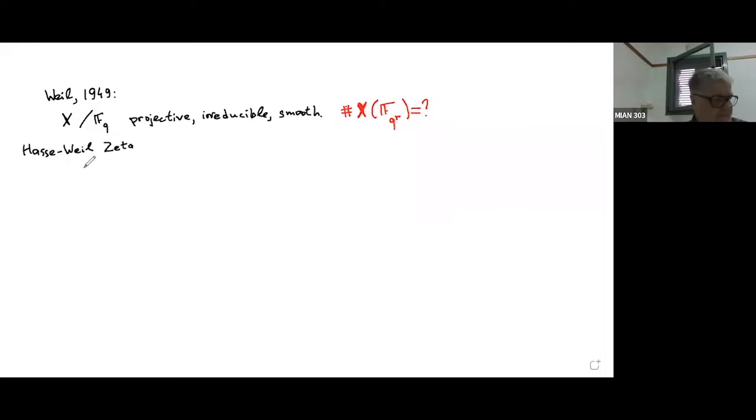Hasse-Weil zeta. It is a special kind of generating function of these quantities.